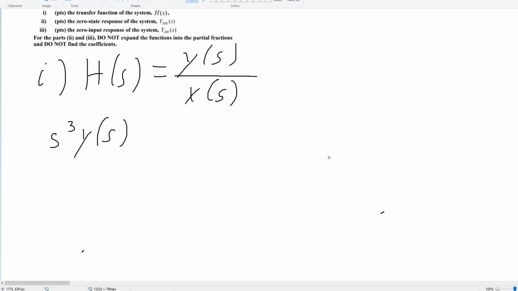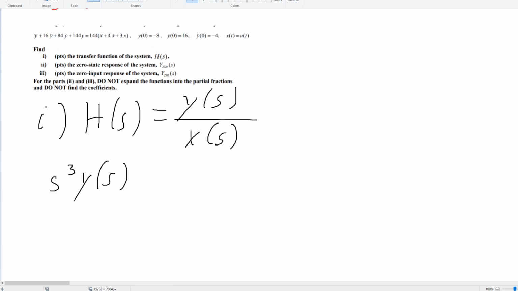Let me just erase this stuff. So we're going to write this as s cubed Y(s) because there are 3 dots. This next one is going to be plus 16 s squared Y(s) because there are 2 dots. And we're just going to go down the line.